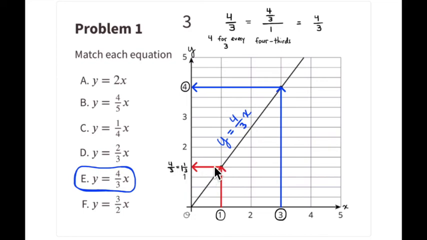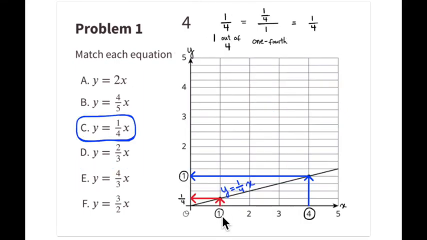Once I know that, then I multiply each hour by 4/3. So once I get to 3 hours, x is 3, times 4/3, y is going to equal 4. 3 times 4/3 is 4. So that's 4 per 3. It's the same as 4/3 for every 1 hour, or per 1.